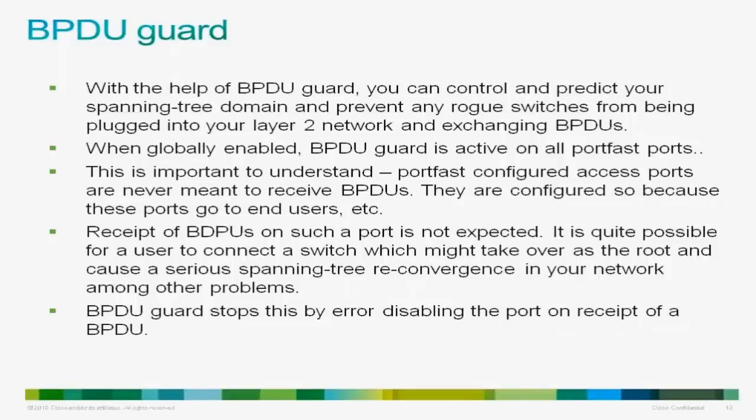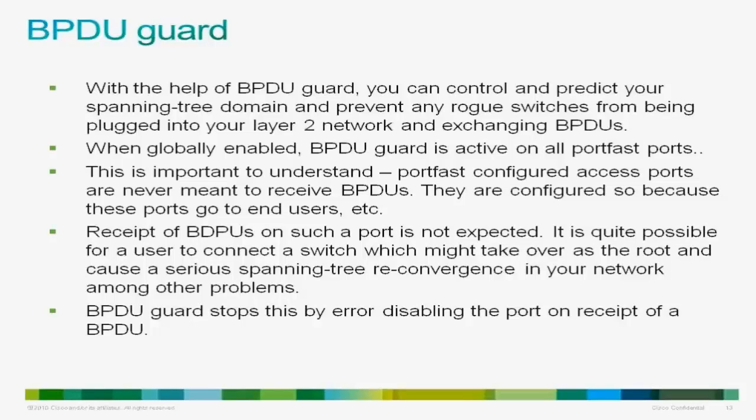What is stopping the end user from plugging his own switch into the network, maybe with a really low priority, and causing a massive reconvergence and basically taking over your entire spanning tree domain? These are the kinds of situations that BPDU guard prevents. You will error disable the interface if it ever sees a BPDU ingressing into it.